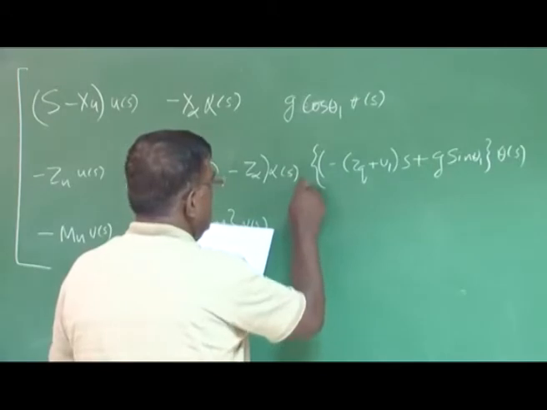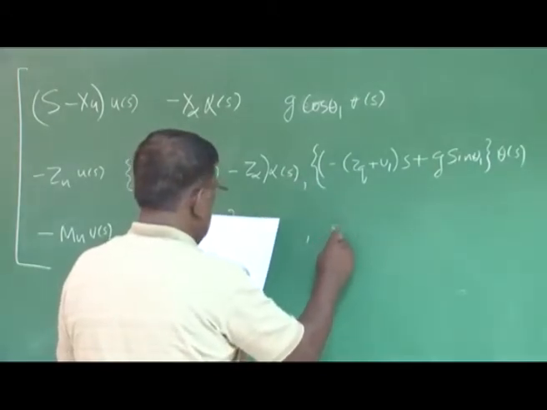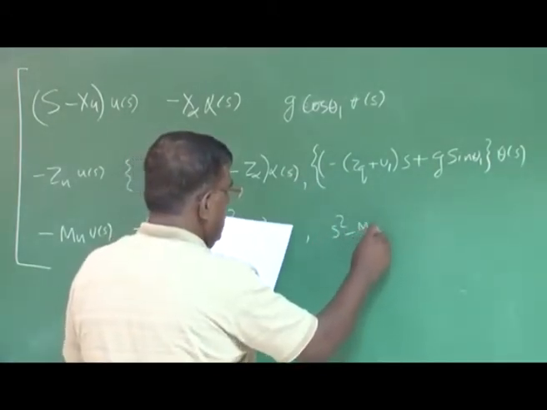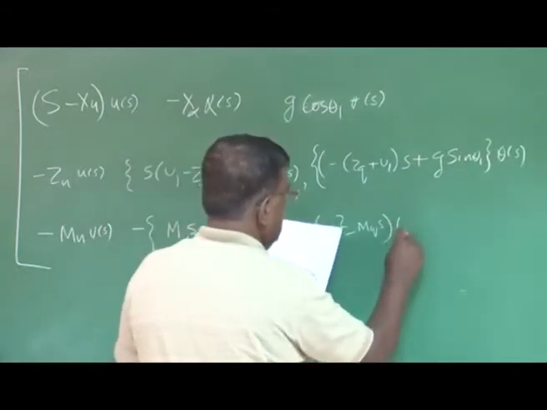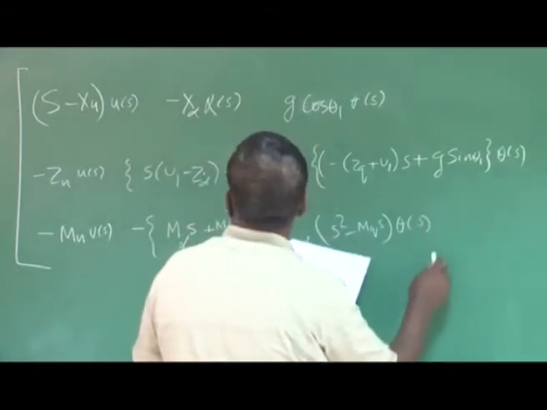Then this term is s square minus Mq s into theta of s. This is right.